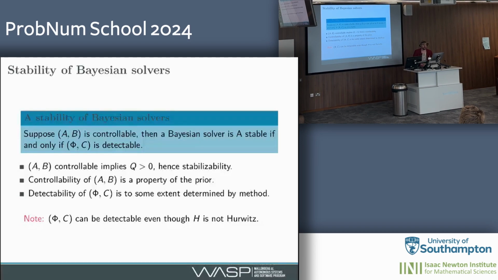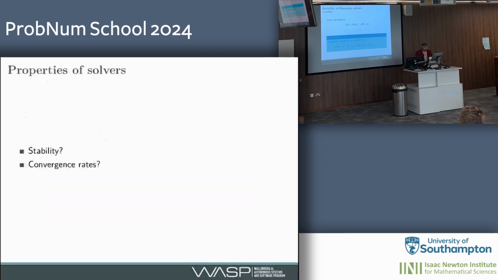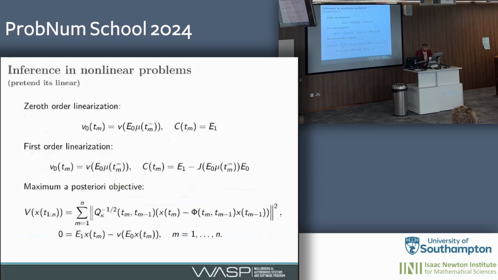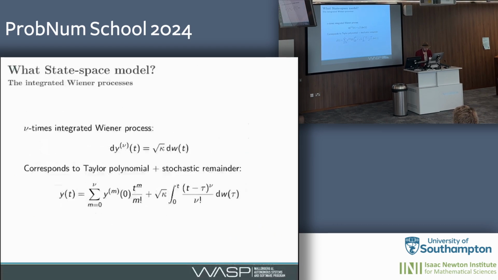If my transition noise is zero, then my prior is just a polynomial of order nu. And that is not sufficiently flexible to model ODE solutions. So I need the noise to be able to model any kind of integral.